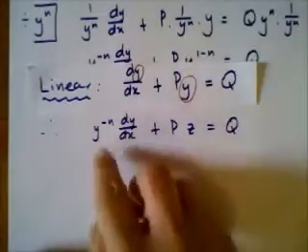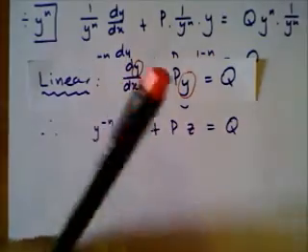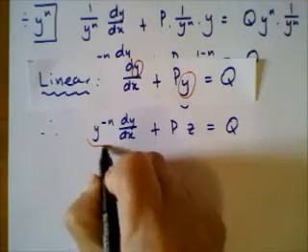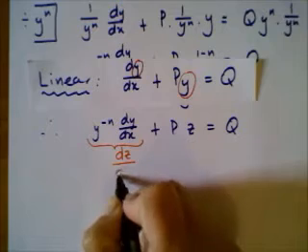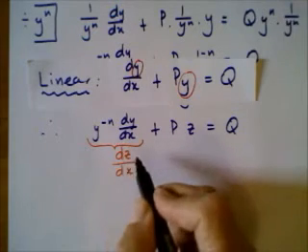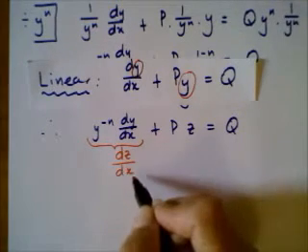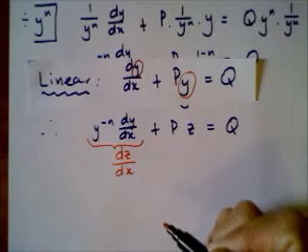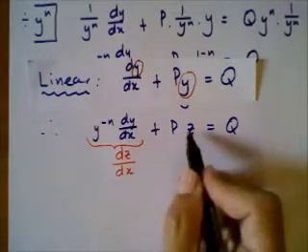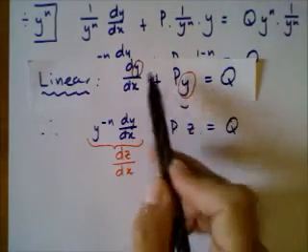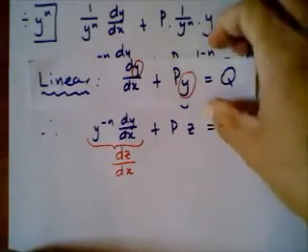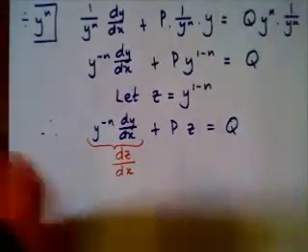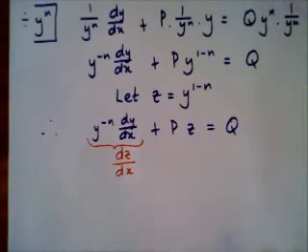You have to have in your first term a derivative where you're finding the derivative of the dependent variable with respect to your independent variable. So that's what you want there, so that it matches up the same as in your standard form for your linear differential equation. Okay, and we can do that because we know what z is.